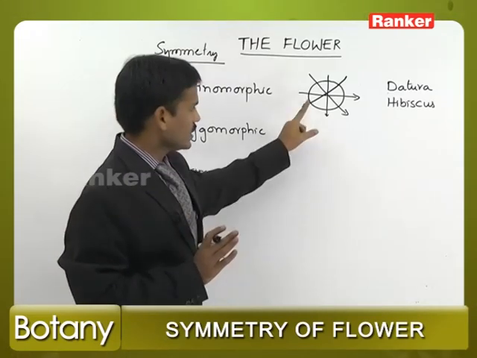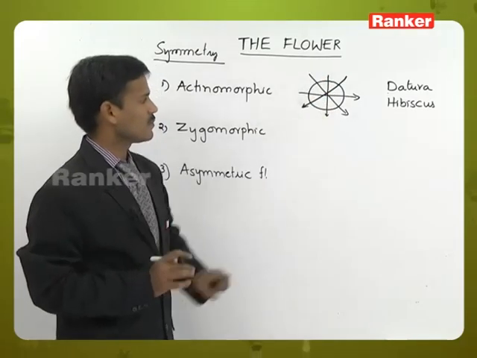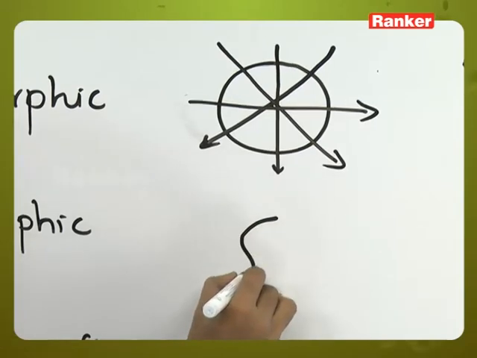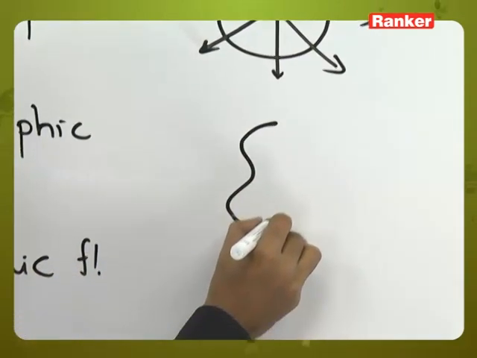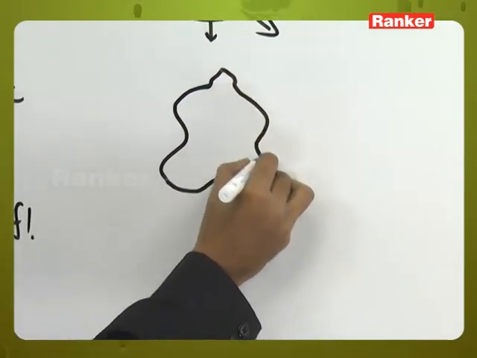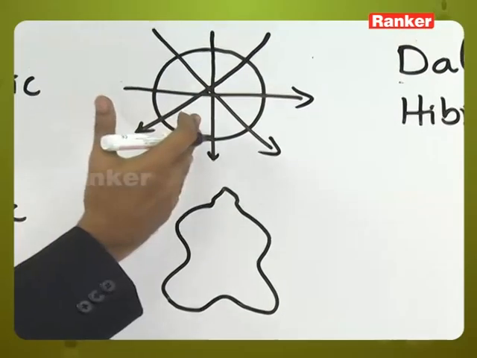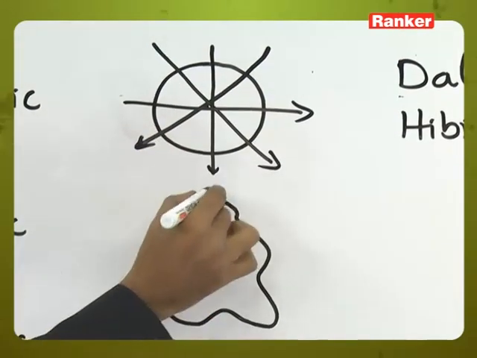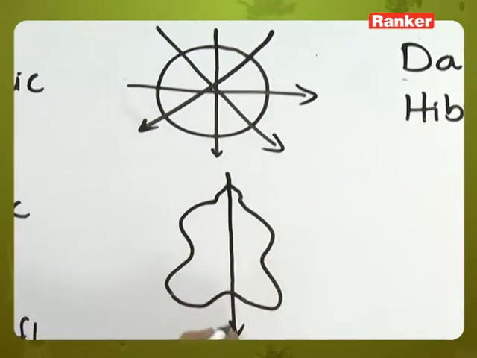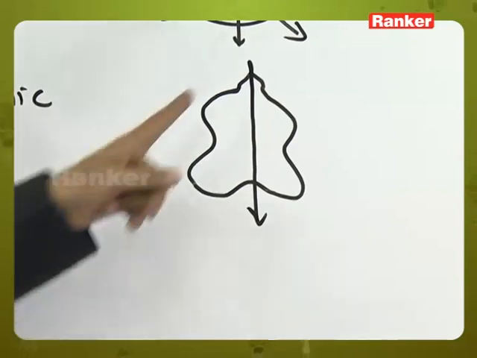So here the flower can be cut into two equal halves by any radial plane, but here, for example, one diagram. This diagram can be cut into two equal halves by this plane only. We cannot cut it into two equal halves by other radial planes except this.